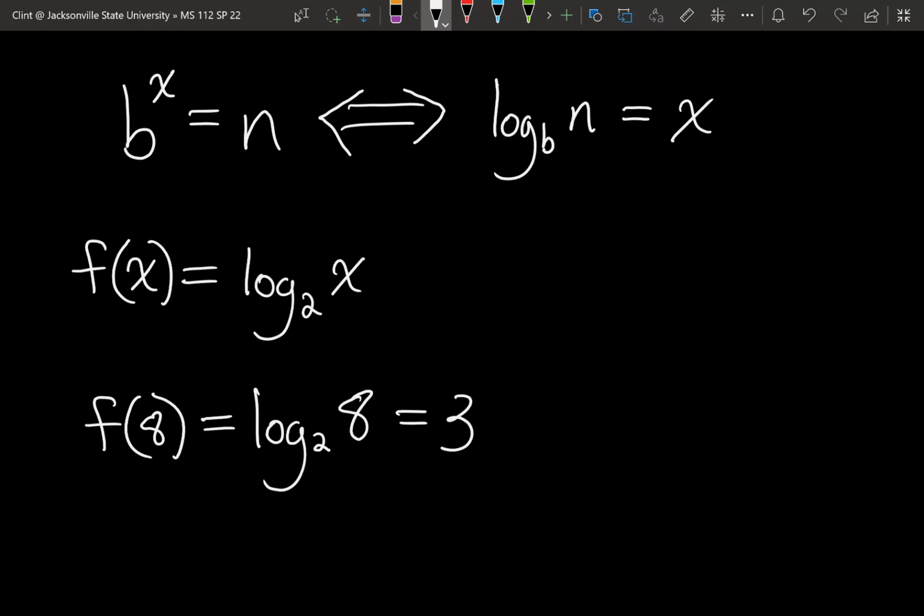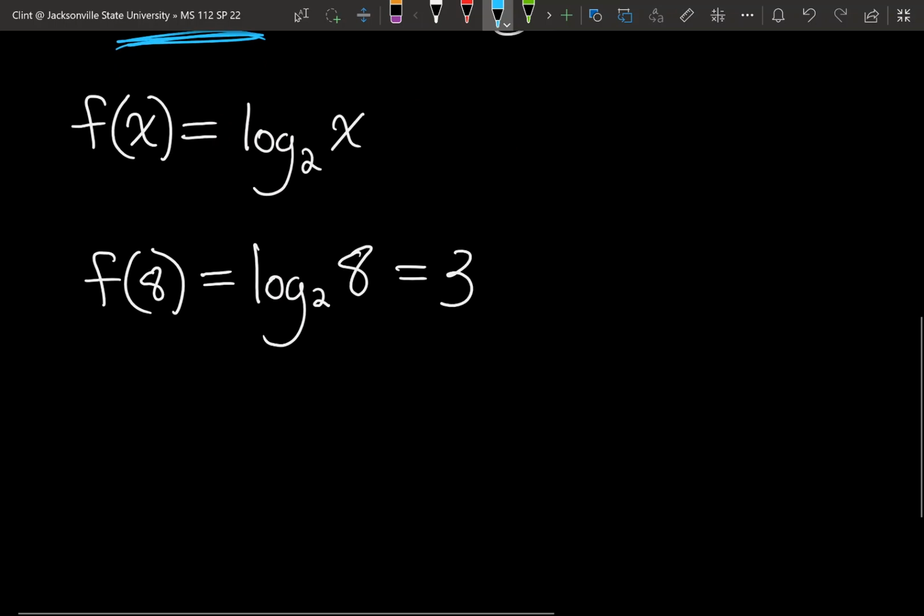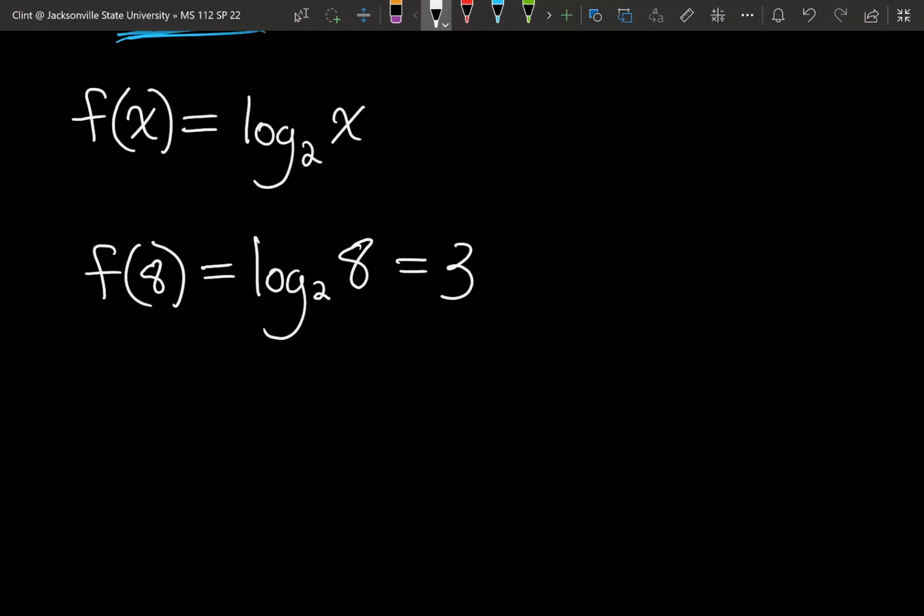So the equivalent way we could write it down in this other form over here. We could write that same equation down. We would say that 2 to the third power equals 8. That's the same thing as saying log base 2 of 8 is 3.